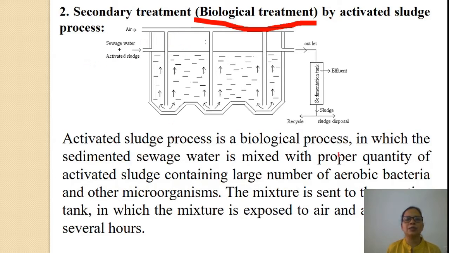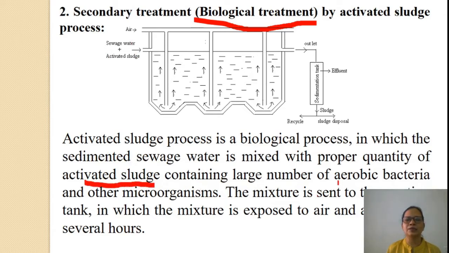Activated sludge process is a biological process in which the sedimented sewage water is mixed with the proper quantity of sludge, activated sludge, containing a large number of aerobic bacteria and other microorganisms. So what is this activated sludge?